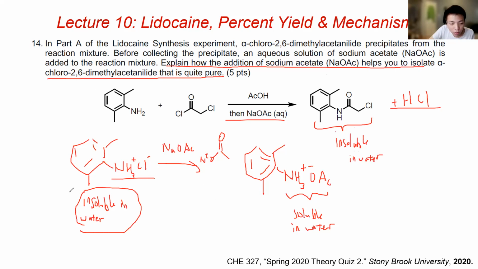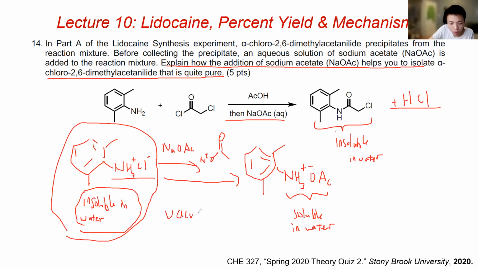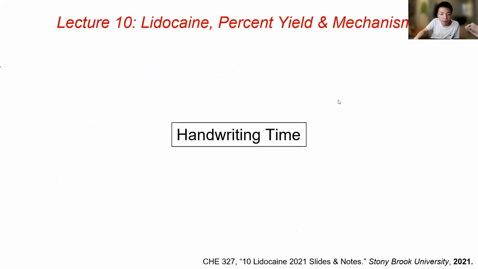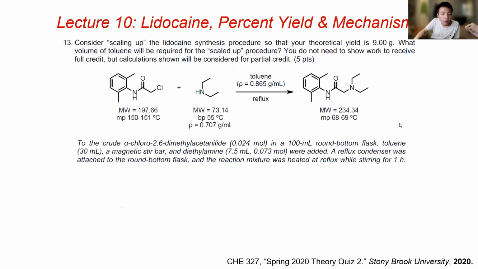We need a way to remove this by converting it to something that's soluble in water, which is removed by vacuum filtration in the experiment with water. And everything else is the same in the grading. And consider a scale up procedure.